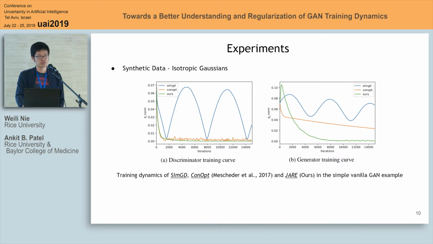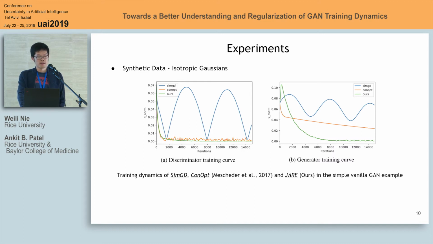The first one is isotropic Gaussians, which is exactly the setup we used in our analysis, so this one is just to verify our analysis directly. Here we provide both discriminator and generator training curves, and we compare three GAN models: SIMGD, CONAPT, which is a very similar regularization method proposed before, and our proposed method, JRAR.